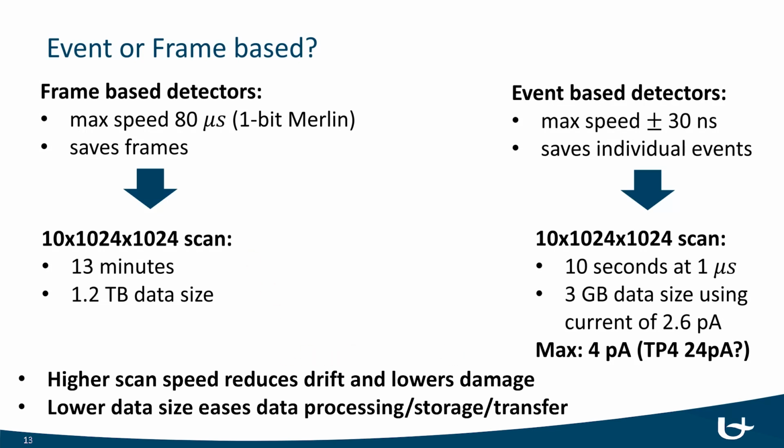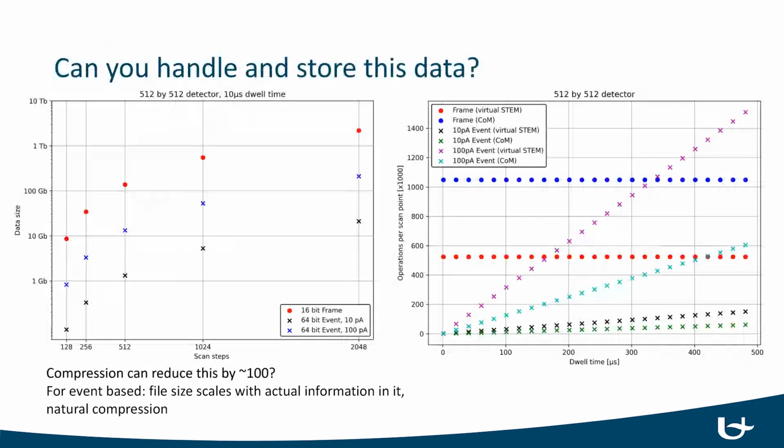But we'll see that it also lowers damage. And lower data size eases a lot of things like processing, storage, and transfer of this data. So there are many benefits in doing this. But keep in mind that there is one limitation, and that is how many electrons per second we can deal with.